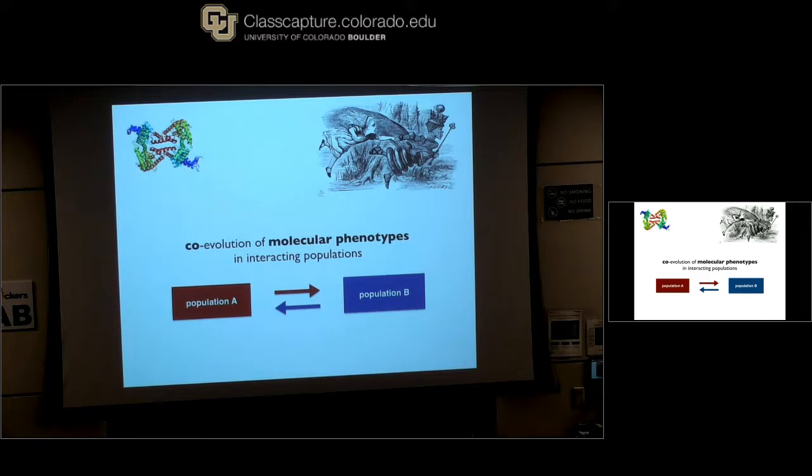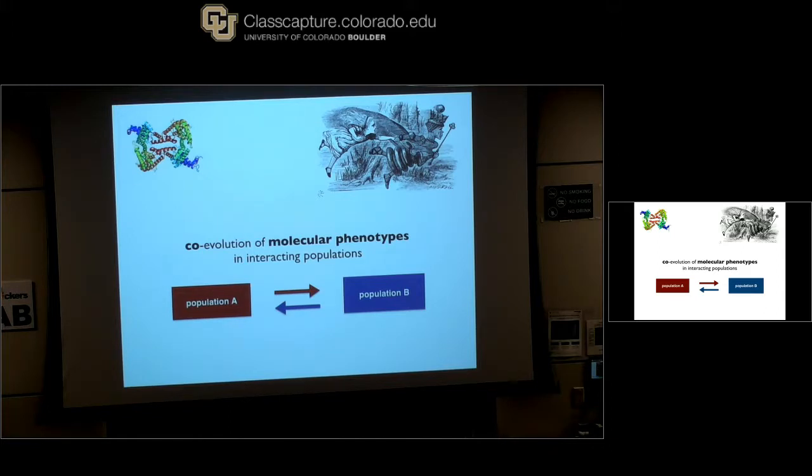Now you can sort of go a step further. And this is the thing that a lot of people in the room are interested in, sort of trying to look at co-evolving populations between pathogens and hosts, so things like that.